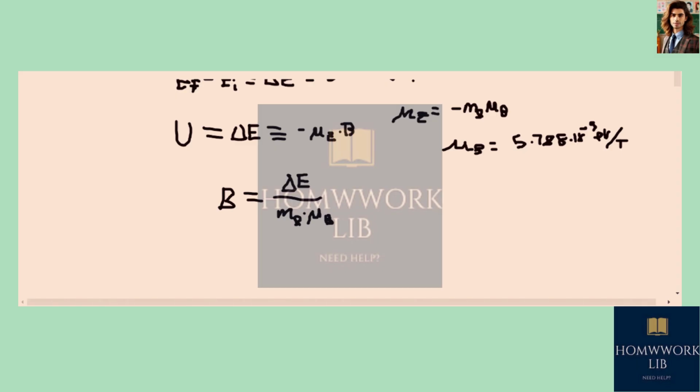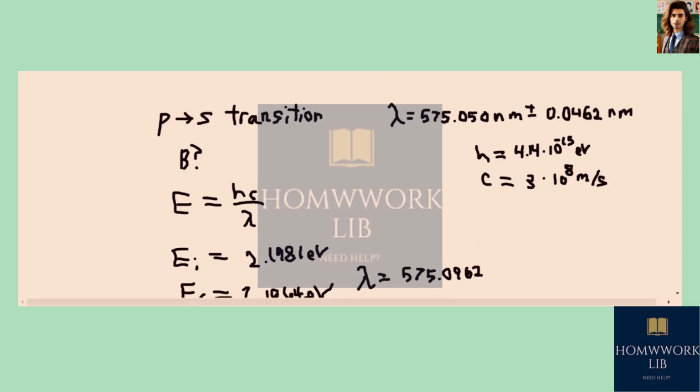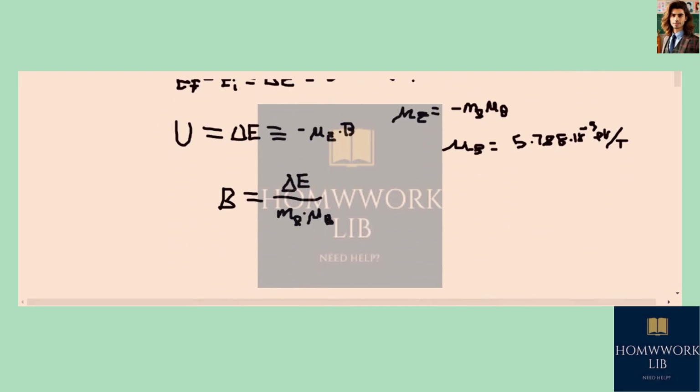Well, we started off in the p state, and so for the p state, n is equal to 2, L is equal to 1, and ml, therefore, can be equal to -1, 0, and 1.